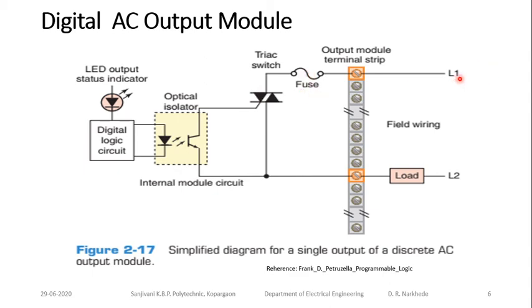When the triac turns on, the current will flow from L1 to fuse, fuse to triac, triac to the load, and your output load gets energized. So this section is isolated from this section. This is your power section and this is your logic section, with the help of an optical isolator.